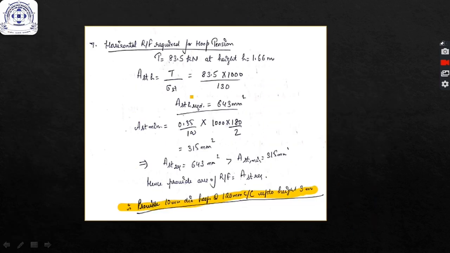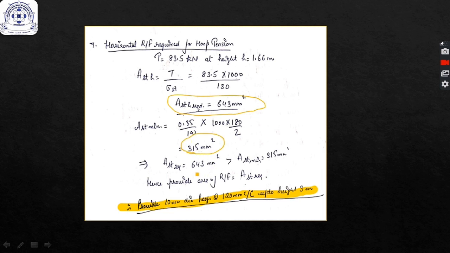Now horizontal reinforcement will be provided on the basis of the hoop tension. Hoop tension is 83.5 kilonewton, and the reinforcement is coming out to be 643 by the equation Ast is T upon sigma st. But according to the code, Ast minimum is 0.35% on each surface zone. So this is 315 mm square.